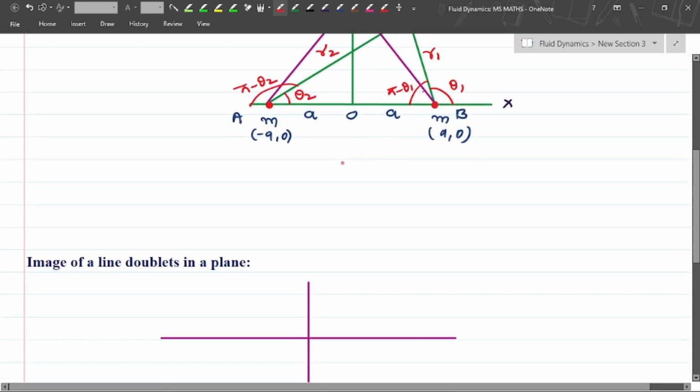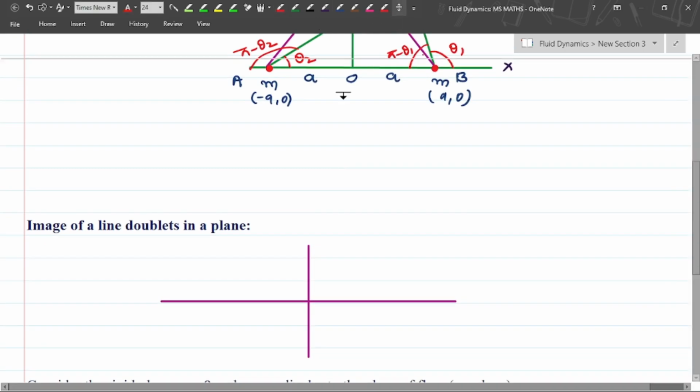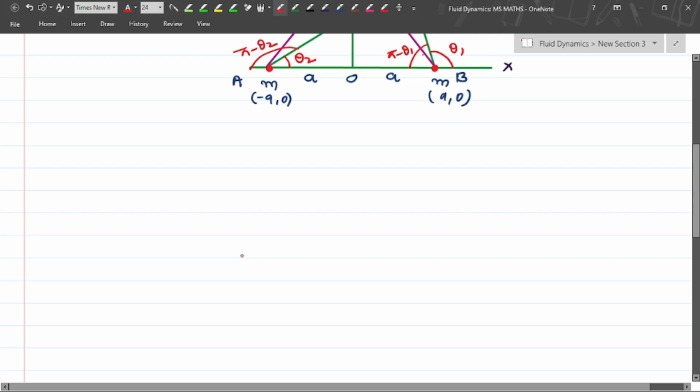Now we have the complex potential function of the source and sink. If we have a source here, then the complex potential function is W equals phi plus iota psi, and for the source it is minus m log of z plus a.